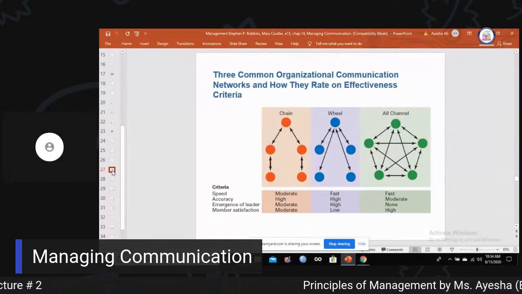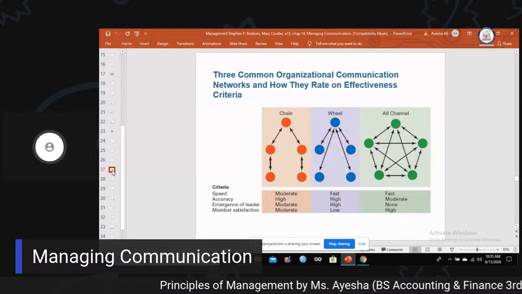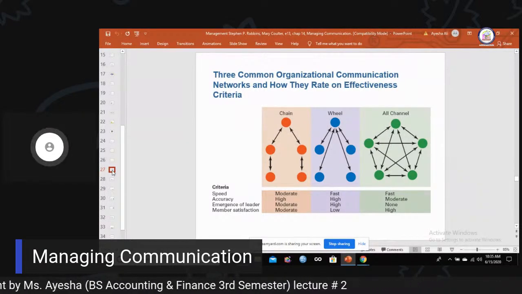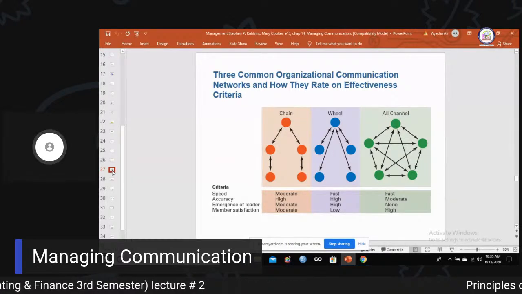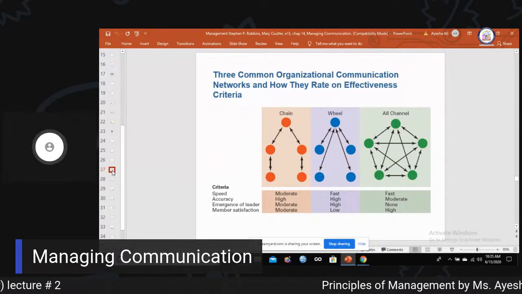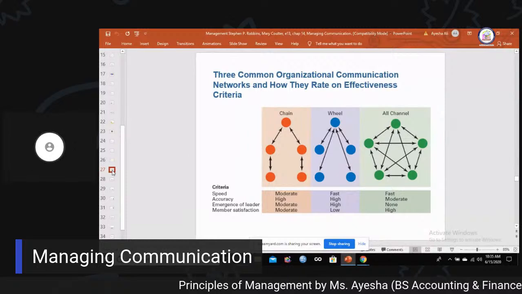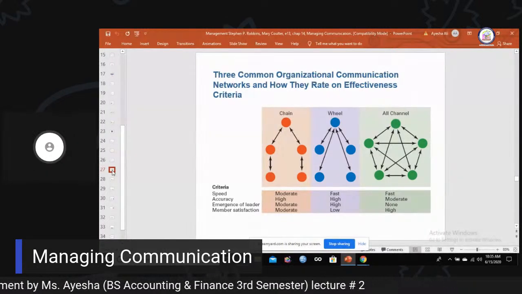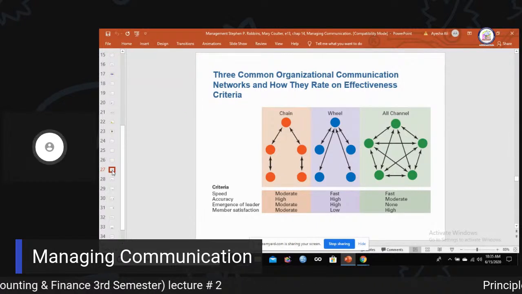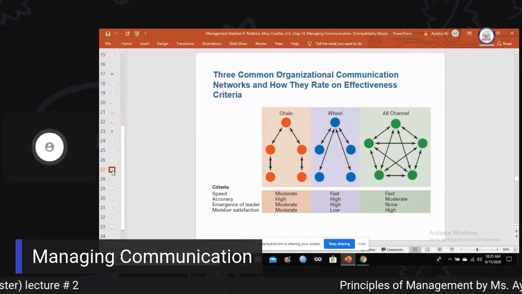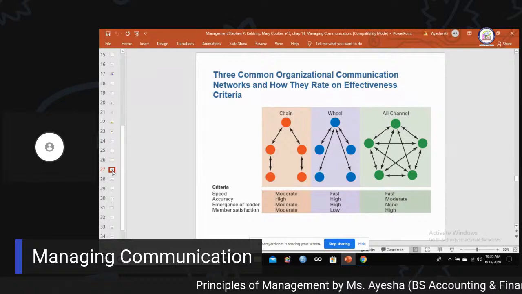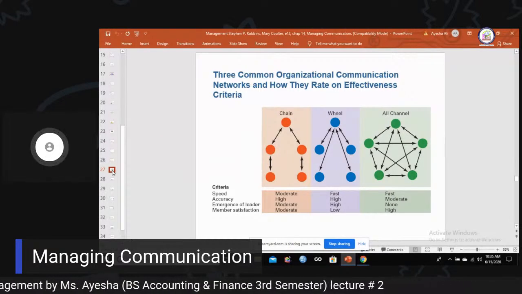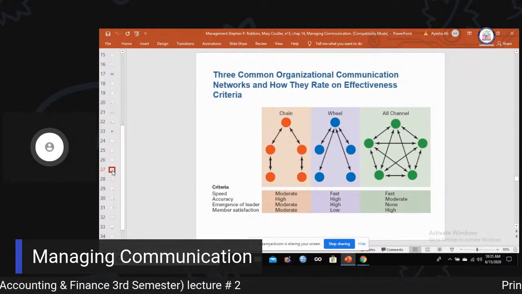Now we have the diagrammatic representation of the networks. The first one is chain, then wheel, and all channel. There are criteria: speed, accuracy, emergence of leader, and member satisfaction. First, we are looking at the speed of every network. For chain, the speed is moderate, because the communication is crossing different layers and different vertical levels, so it decreases the speed.